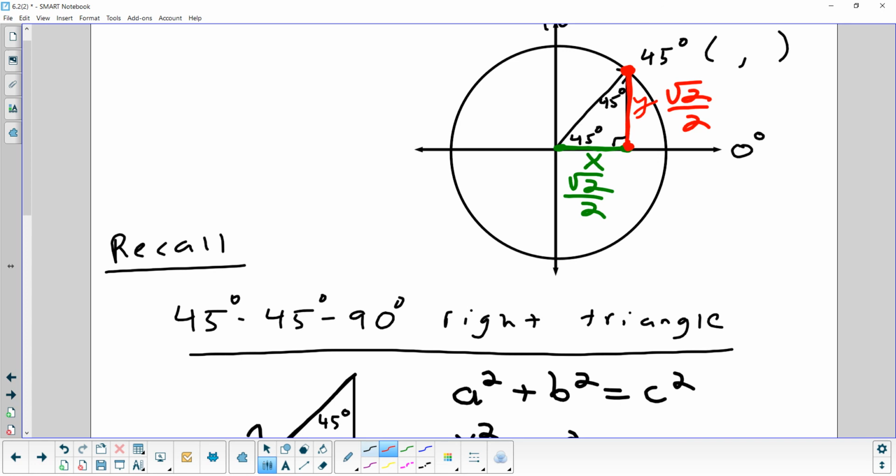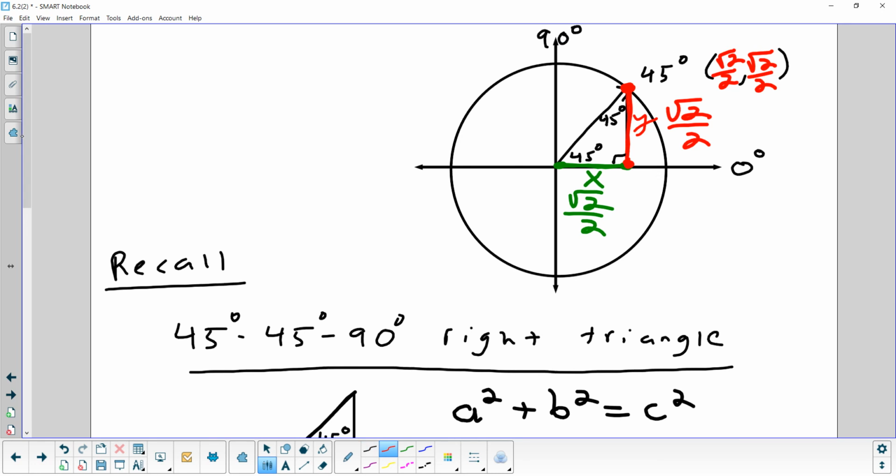It would be square root of 2 over 2 and square root of 2 over 2. Square root of 2 over 2, comma, square root of 2 over 2. That's the coordinate for 45 degrees. So the x and the y are the same.